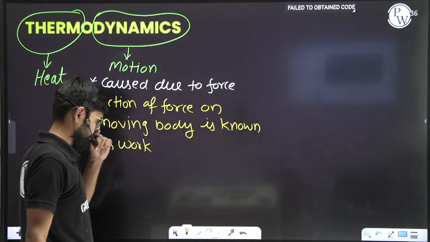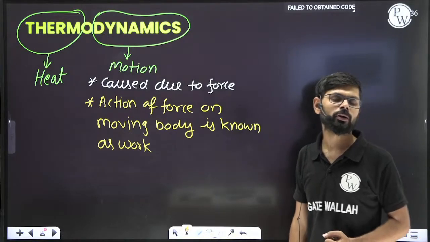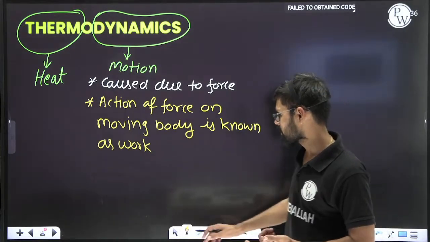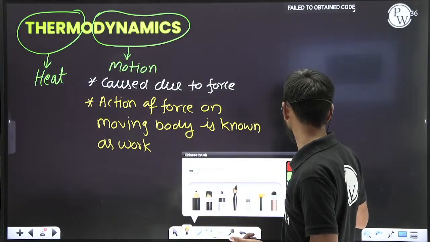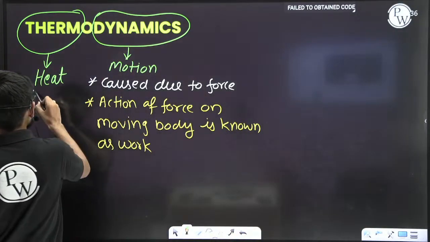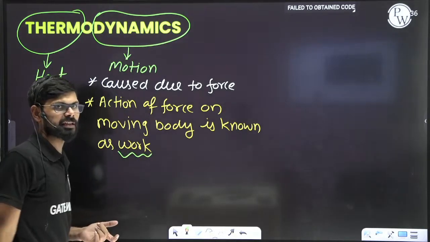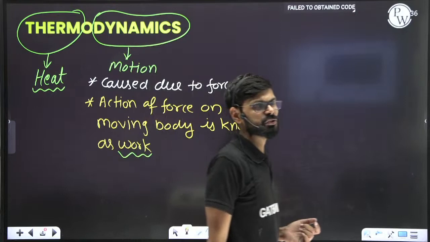Please listen here carefully. Action of force on a moving body is known as work. Now you can see that two things are there: one is heat, another one is work.